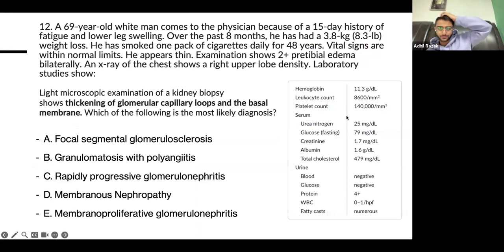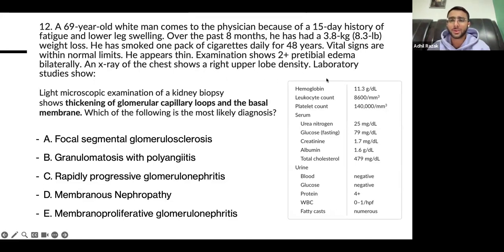Next question. We have a 69-year-old white man who comes to the physician because of a 15-day history of fatigue and lower leg swelling. Over the past 8 months, he has had weight loss, and a 1 pack of cigarettes daily for 48 years. Vital signs are normal. He appears thin, 2+ pre-tibial edema bilaterally.